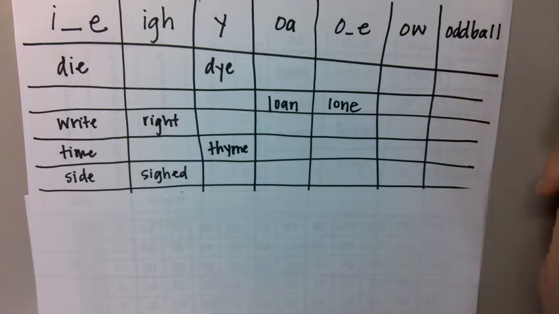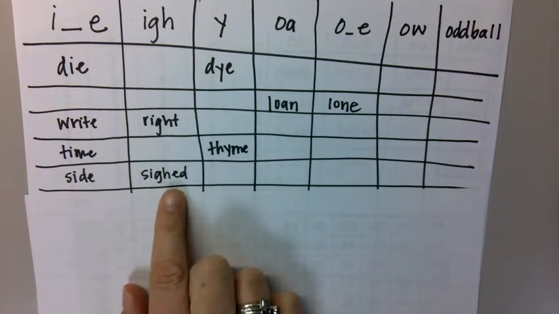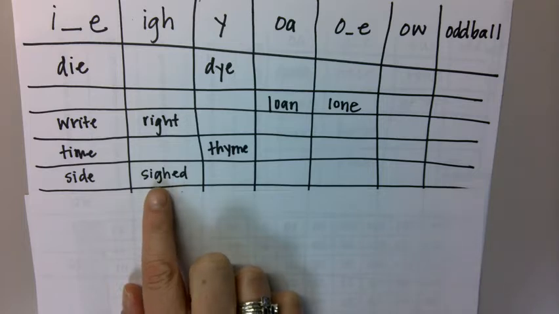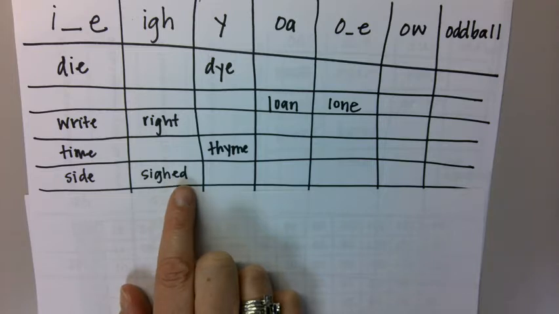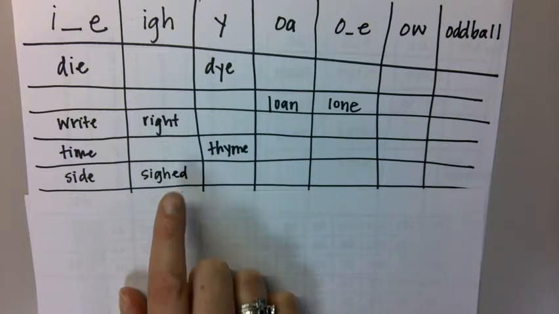We have another word pattern similar to right. This time it's side. So S-I-D-E, that long I sound, is made by the I consonant, then E. This right here, sighed, the long I is made with the I-G-H, and then it's past tense, and so we add the E-D, sighed.